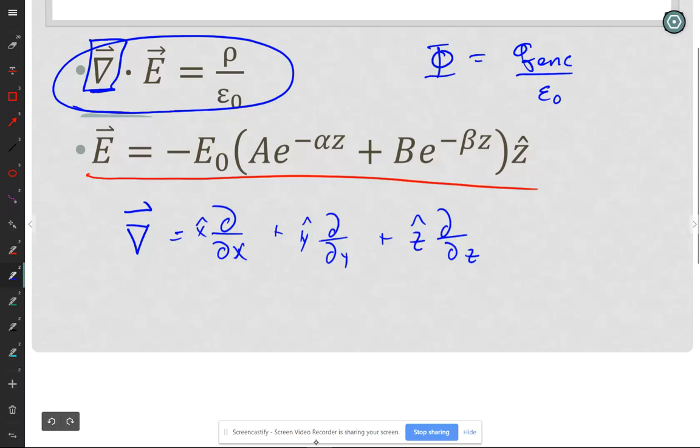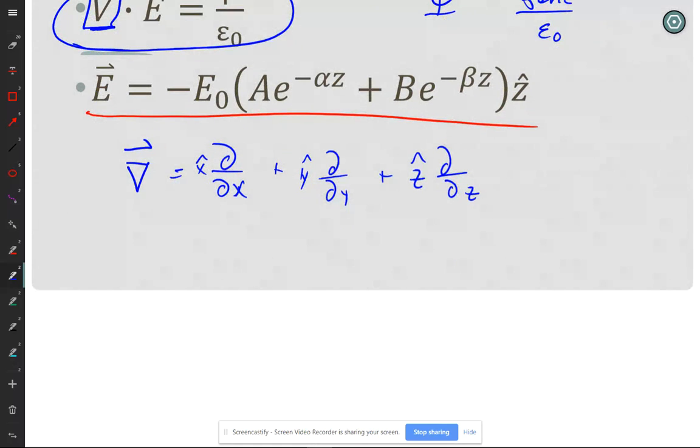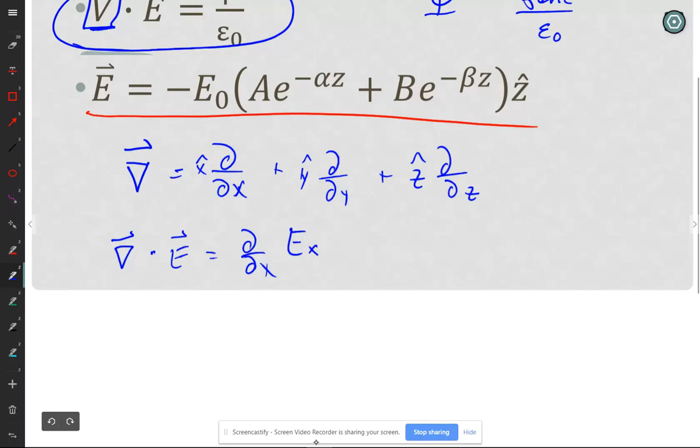So what we need to do is the dot product of this directional derivative with this function. Now notice, since it's a dot product, we're going to have del dot E equal to d/dx acting on Ex, plus d/dy acting on Ey, plus d/dz acting on Ez, where Ex, Ey, and Ez are the X component, Y component, and Z component respectively of the electric field.